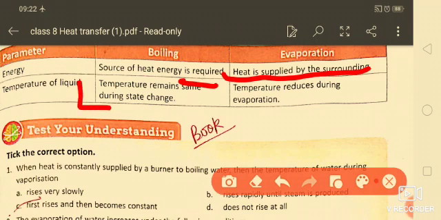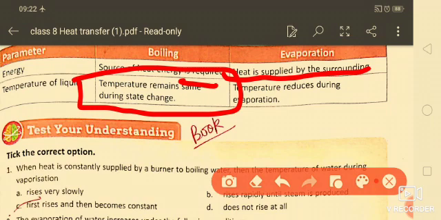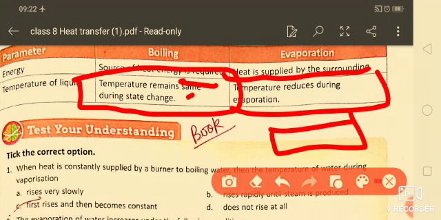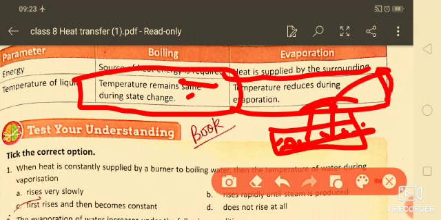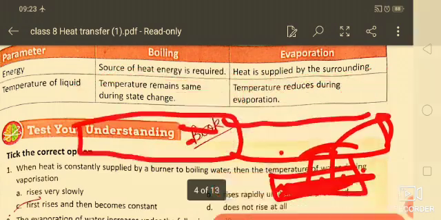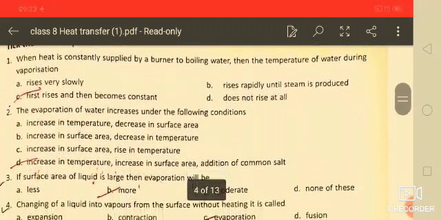And temperature of liquid: the temperature remains the same during the state change in boiling, but in evaporation the temperature reduces. Suppose you have observed that if you take water in any bucket or pot, when it evaporates, the container becomes cool after evaporation, since the temperature reduces.